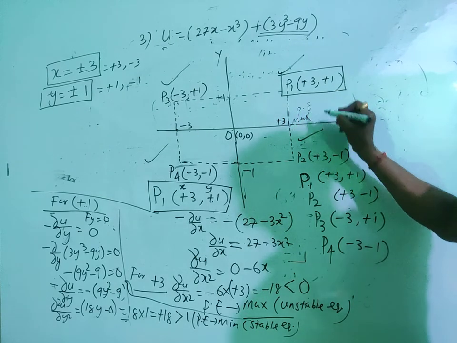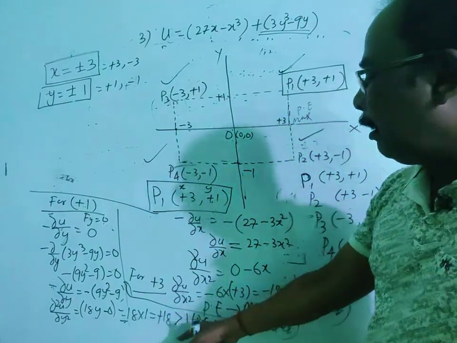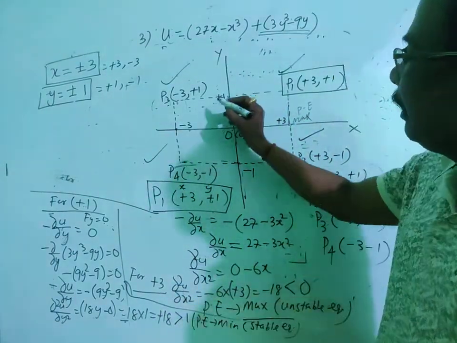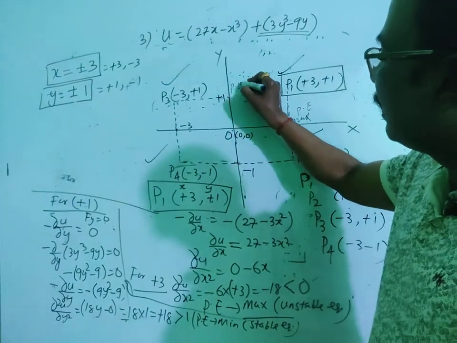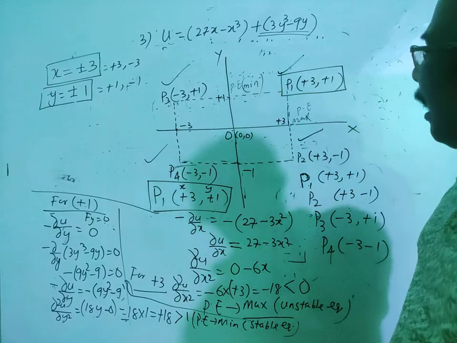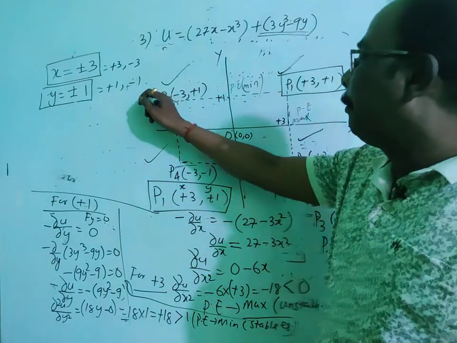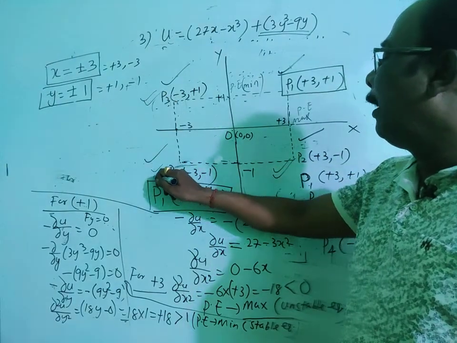At plus 1, it is greater than 0, so potential energy is minimum. Accordingly, we will check point 2, point 3, point 4.